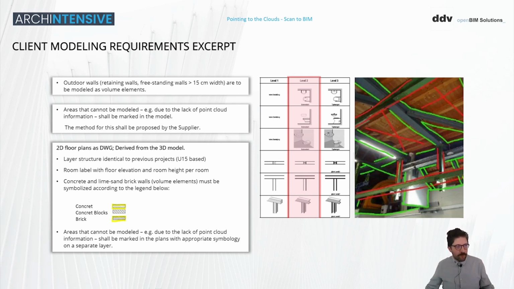Another requirement example: areas that cannot be modeled, for example due to the lack of point cloud information, shall be marked in the model. The method for this shall be proposed by the supplier. This is crucial. I will show you later in another slide how we are dealing with this.